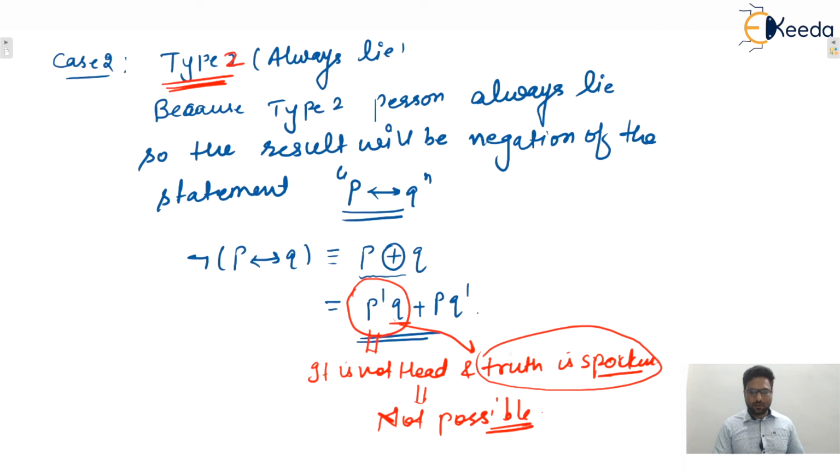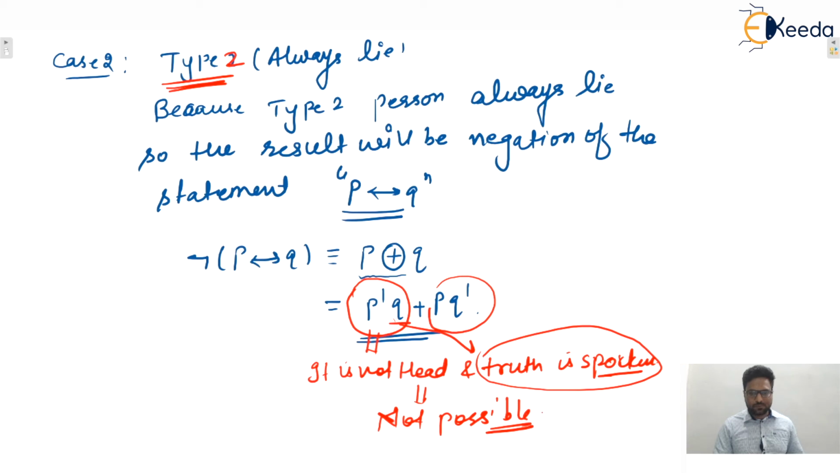Because Q means truth is spoken, but it is a type 2 person, and a type 2 person always lies. So this part is not possible. It cannot be a reality that a type 2 person, or any liar, speaks truth.